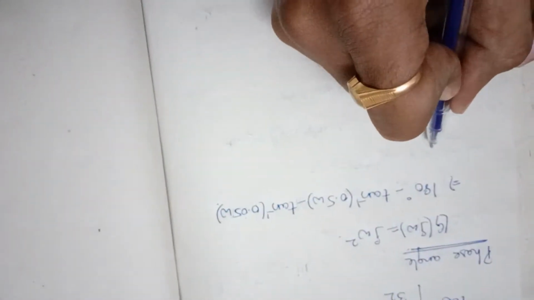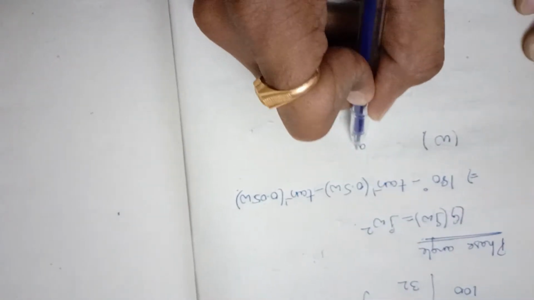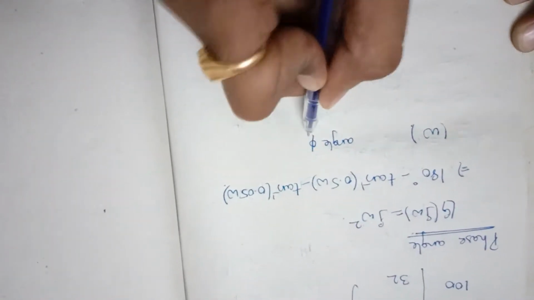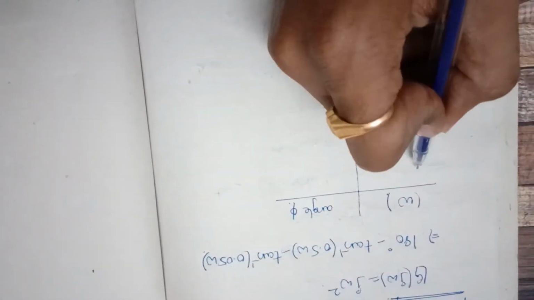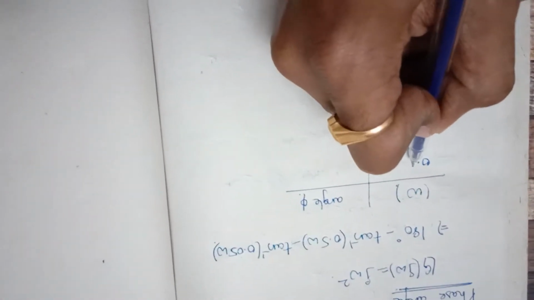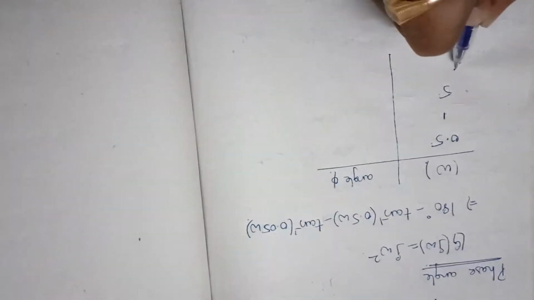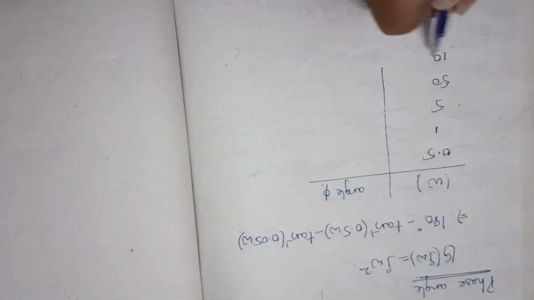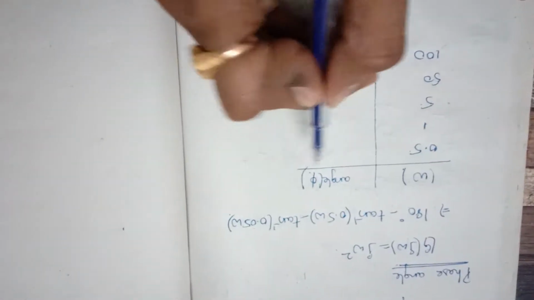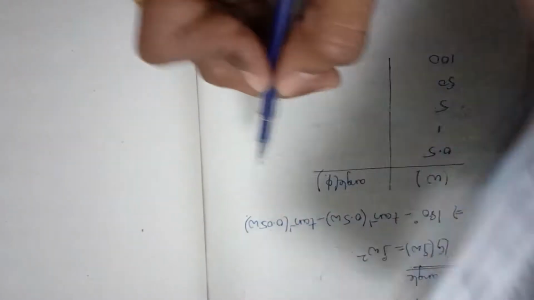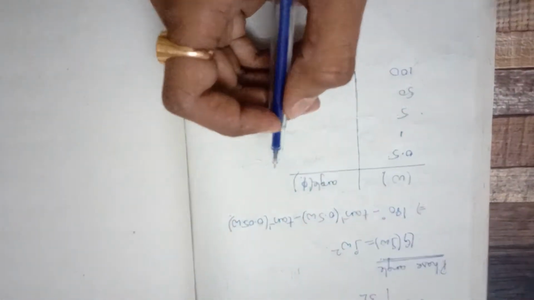So draw a table similarly for frequency omega and phase angle phi. See, I'm taking various values like 0.5, 1, 5, 50, 100. You can take any values. So I think you know how to substitute the values. Just use your calculators and find out in degrees.